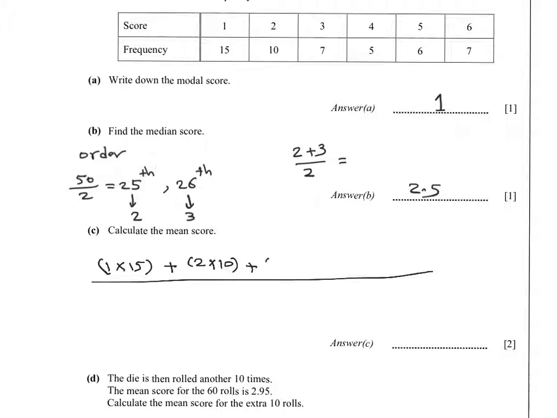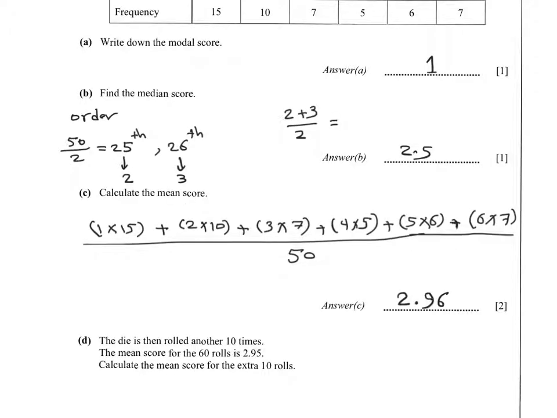The same, 3 times 7 for the 3s, and 4 times 5 for the 4s. Then 5 times 6 and 6 times 7. This is the sum. You must divide the sum by the number. We have 50 values, so divide by 50. With your calculator, you get the answer 2.96.